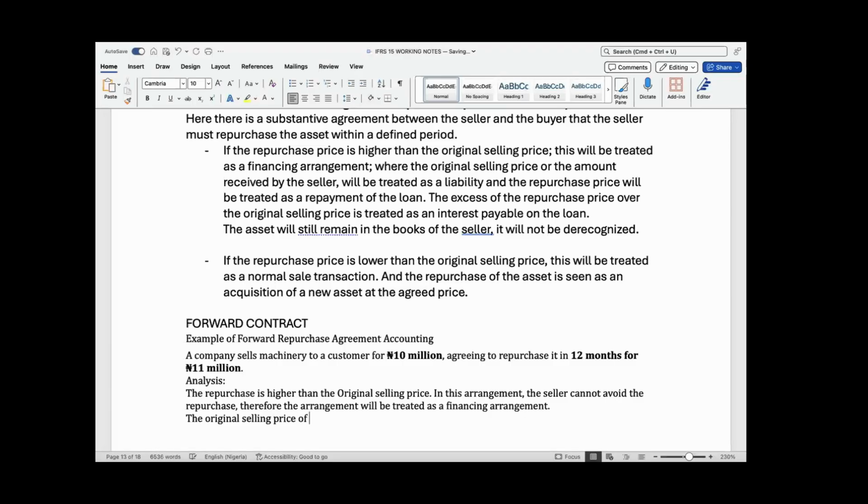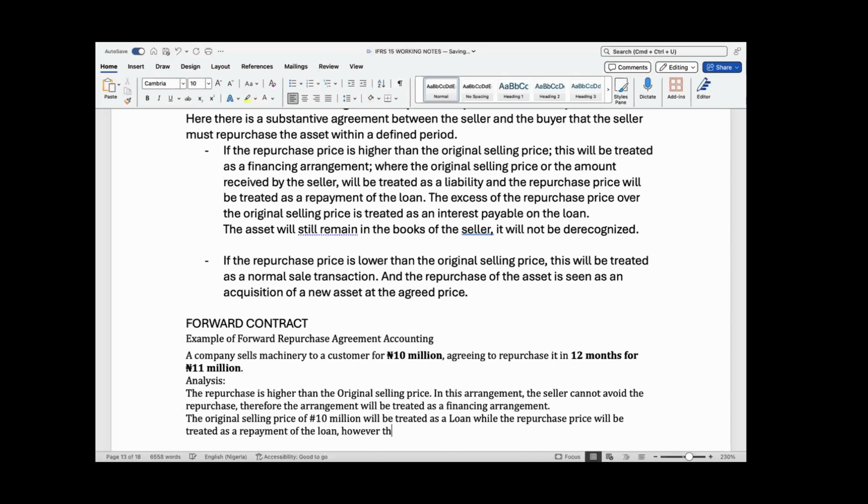of 10 million will be treated as a loan, while the repurchase price will be treated as a repayment of the loan.